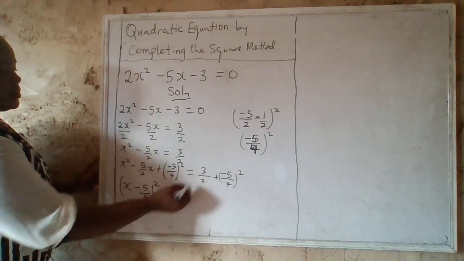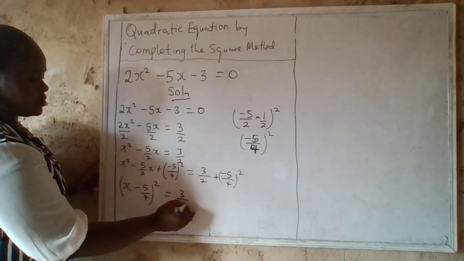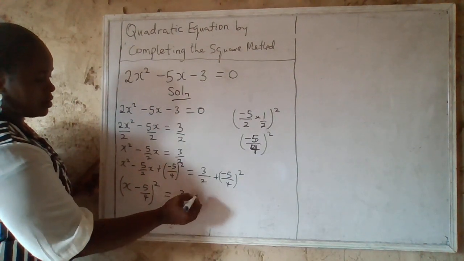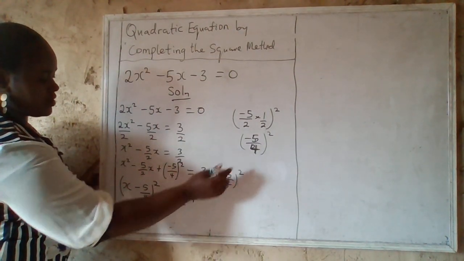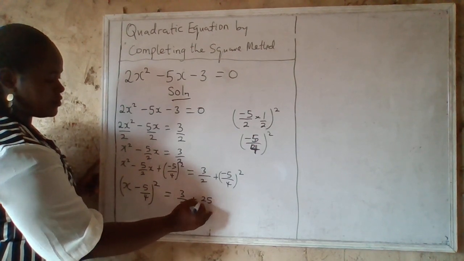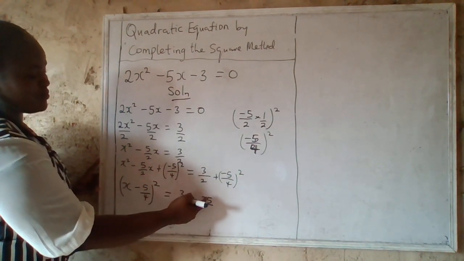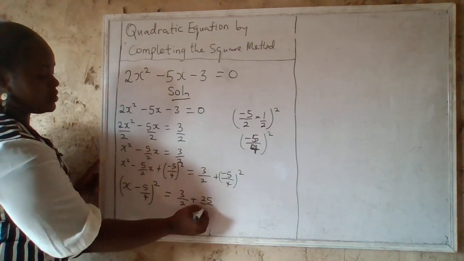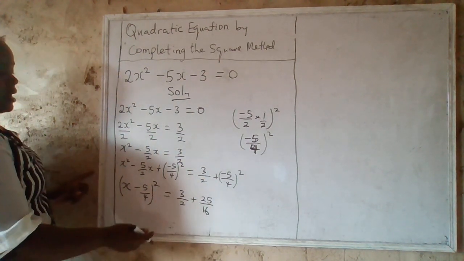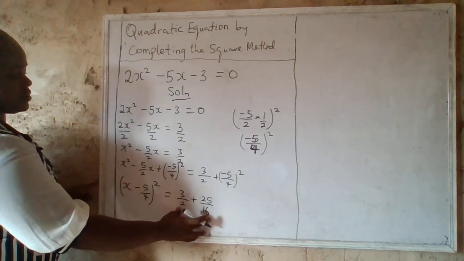And that will give me 3 over 2 plus minus 5 squared will give me 25, and 4 squared will give me 16.